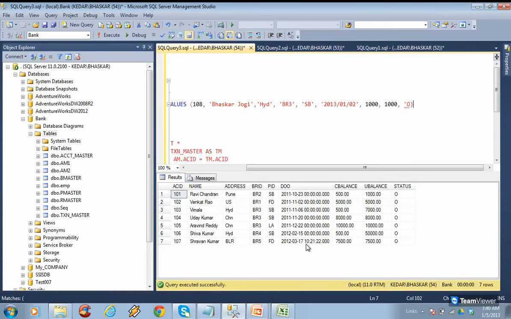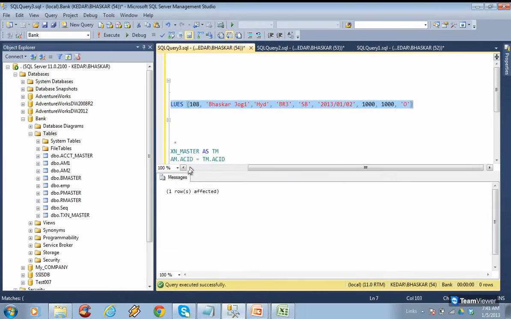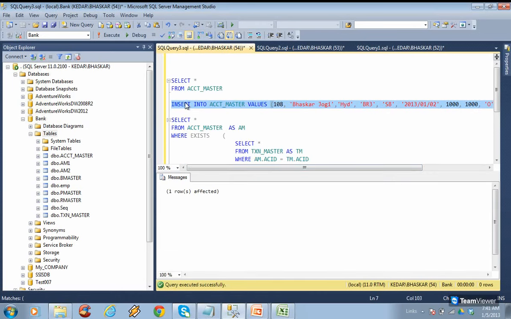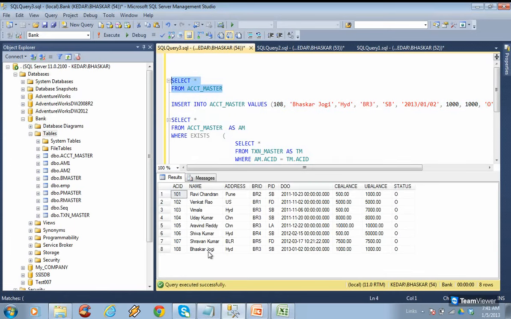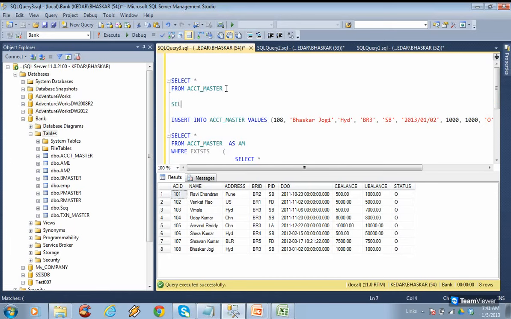Let us see this. Now I have recently opened an account. I did not do any transactions. Bhaskar has the name but recently opened, so I don't have any transactions. If you select star from transaction master, I don't have any rows there.